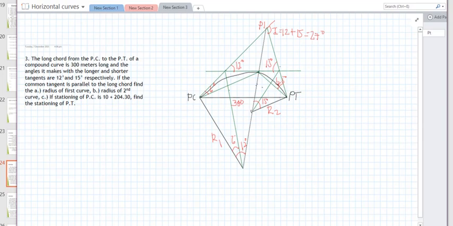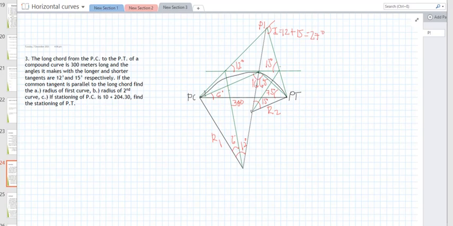Okay. So we have here 6 degrees plus 7.5 degrees minus 180, so we can get the value of 166.5 degrees. Okay.